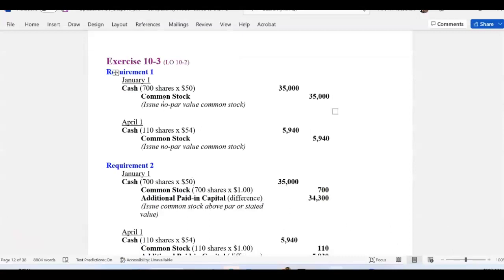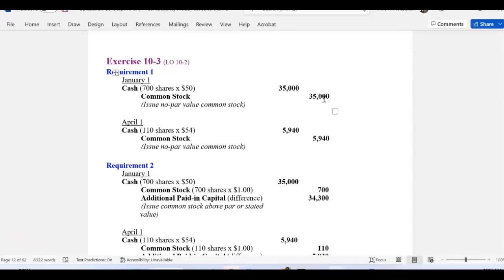So requirement number 1, there is no par value. If there is no par value, the journal entry is very easy actually. We just debit cash for 700 shares times 50. That's $35,000.